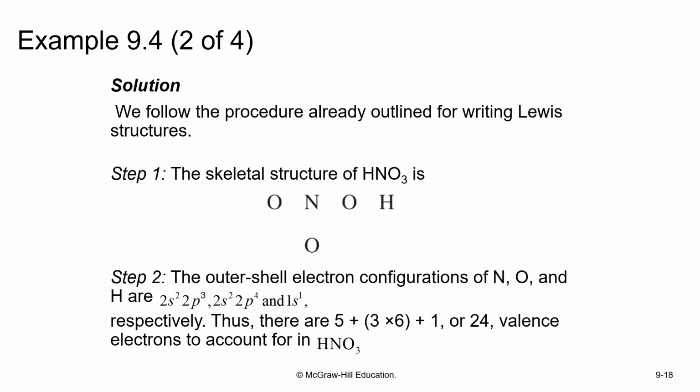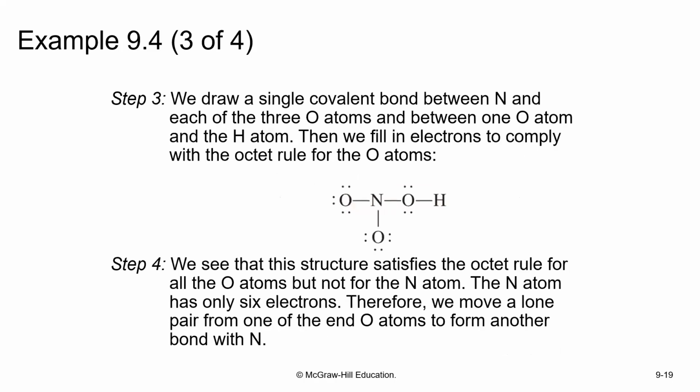So again, we should be able to draw this structure. We should be able to add up all the valence electrons. We're trying to figure out why this is an acid, and why is it a strong acid? There's an electron here. There's an electron here.